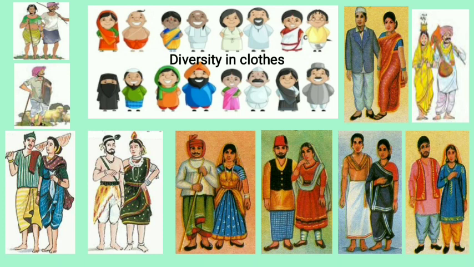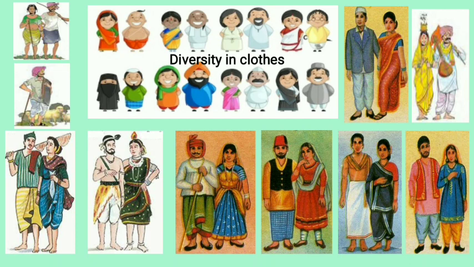So children, what have we learned? Cloth is made from yarn. Yarn may be made from cotton, wool, etc. Clothes become dirty on being used. We must always wear clean clothes. Soaps or natural substances like Rita can be used for washing clothes.